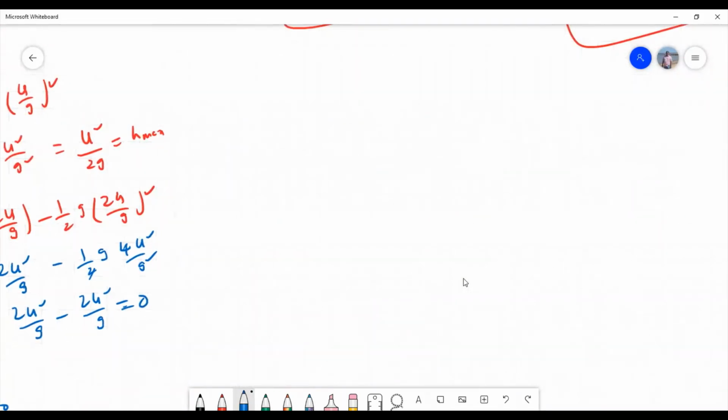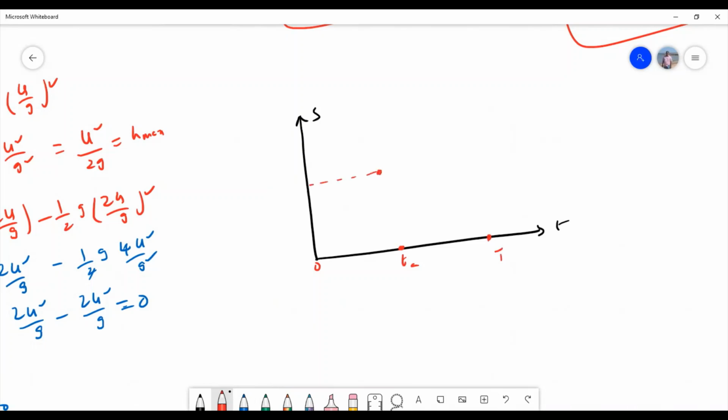How does it look? Let us take S on y-axis and t on x-axis. So when t is equal to 0, t is equal to time of ascent, and t is equal to time of flight. When it is at t is equal to time of ascent, it is the maximum value, that is u square by 2g.